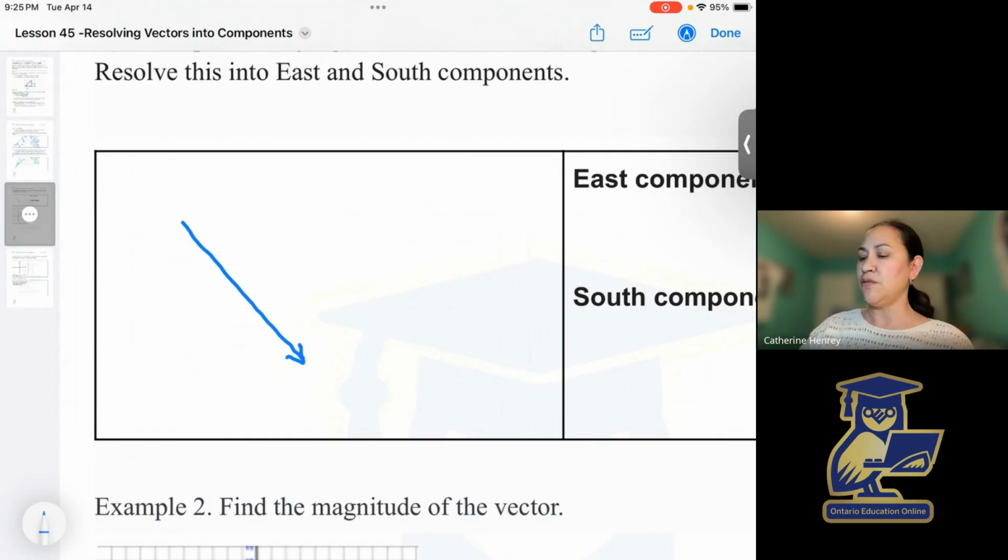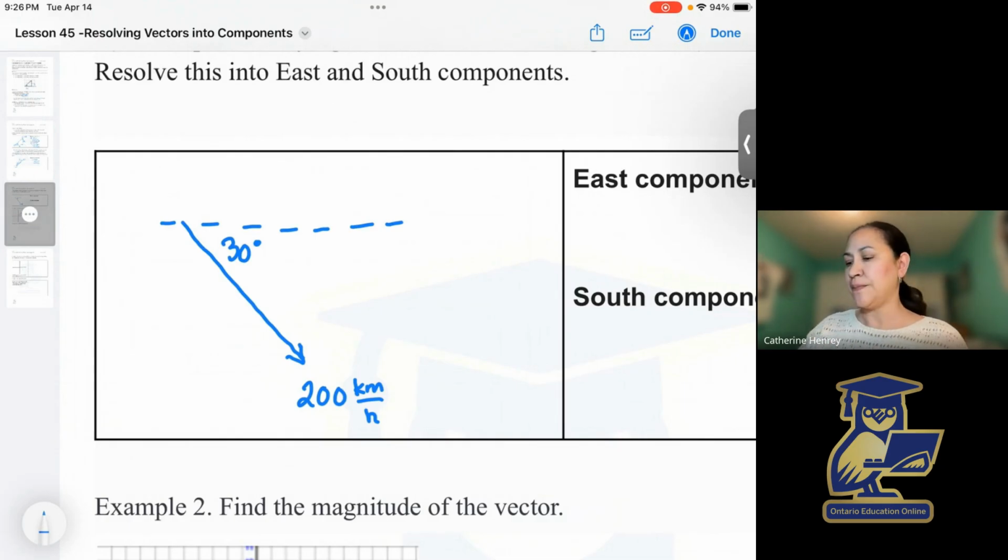So if this is my vector, then it has a magnitude of 200 kilometers per hour. And this vector makes an angle of 30 degrees south of east.